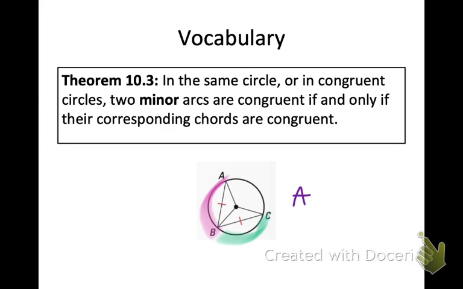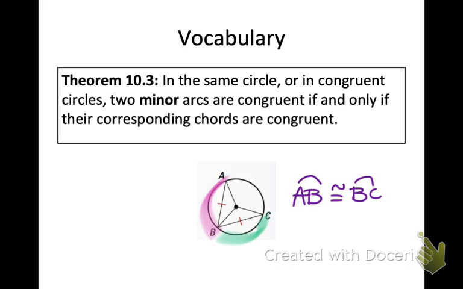So arc AB is congruent to arc BC. If you've got congruent chords, then the minor arcs created by the endpoints of those chords are congruent. It's going to be the philosophy of this whole section. There's going to be a lot of things that are congruent, which means we're just going to set a whole lot of things equal to each other.